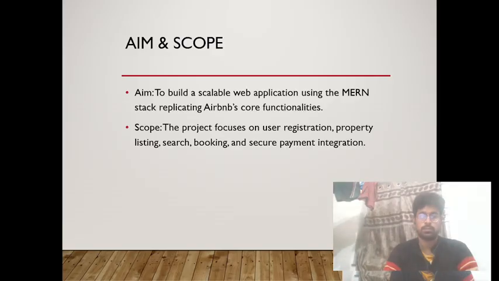What is the scope of this project? The scope of this project is to focus on user registration, property listing, search, booking, and secure payment integration. HomelyHub is a very scalable website which is very useful for users who travel more.